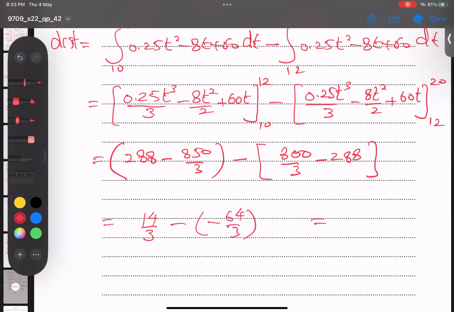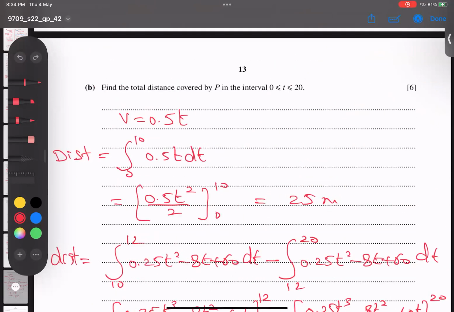Finally, if I check, 14 divided by 3 plus 64 divided by 3 gives 26. So 26 comes from here and 25 from there. The total distance is 25 plus 26, so 51 meters. Finally, this is the 25, students, and this is the other one.